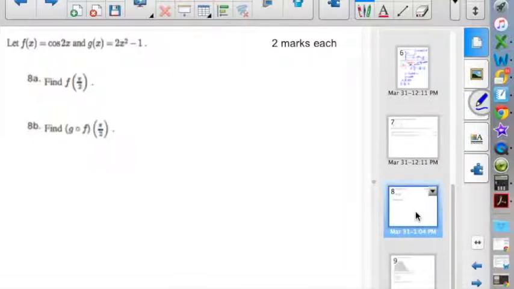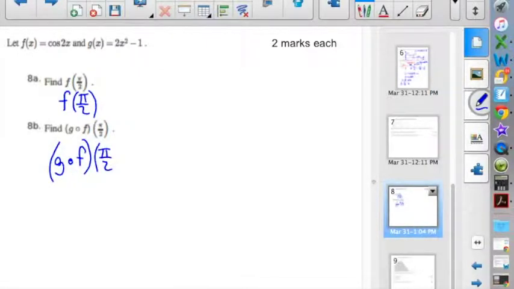Find f of pi over 2, and g composed with f of pi over 2. f of x is cosine of 2x. g of x is 2x squared minus 1.